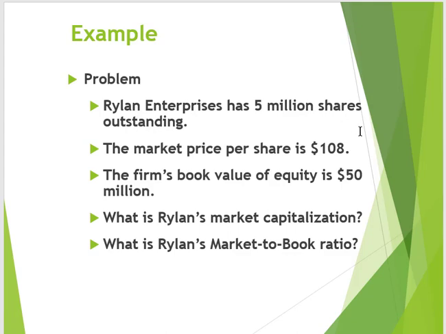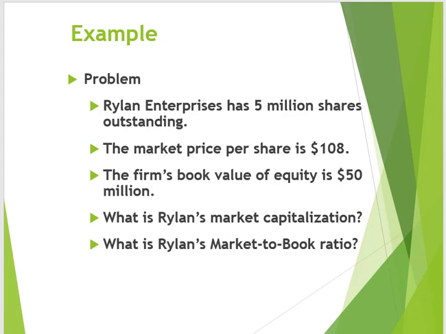If you divide the 540 million by the book value of equity of 50 million, then we ultimately have a market to book value ratio of 10.8. So that means that the value of the company at the stock market is over 10 times more than what the book value is of the company.